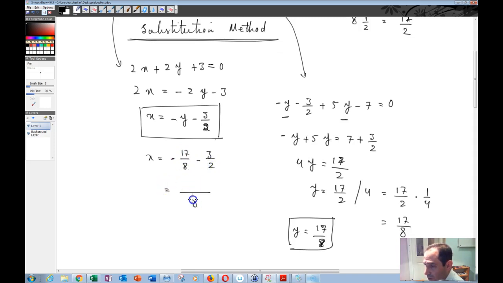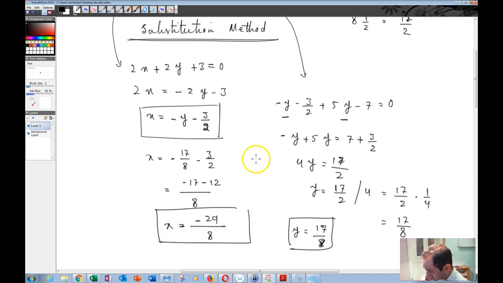So it's equal to negative 17 minus 12, over 8, so that's equal to negative 29/8. So that's the value of your x, that's the value of your y. That's basically all there is about the substitution method.